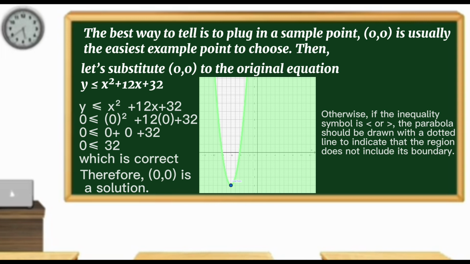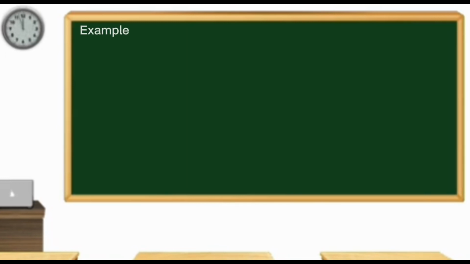Otherwise, if the inequality symbol is less than or greater than, the parabola should be drawn with a dotted line to indicate that the region does not include its boundary. Another example: graph y is greater than x squared minus 8x plus 16.